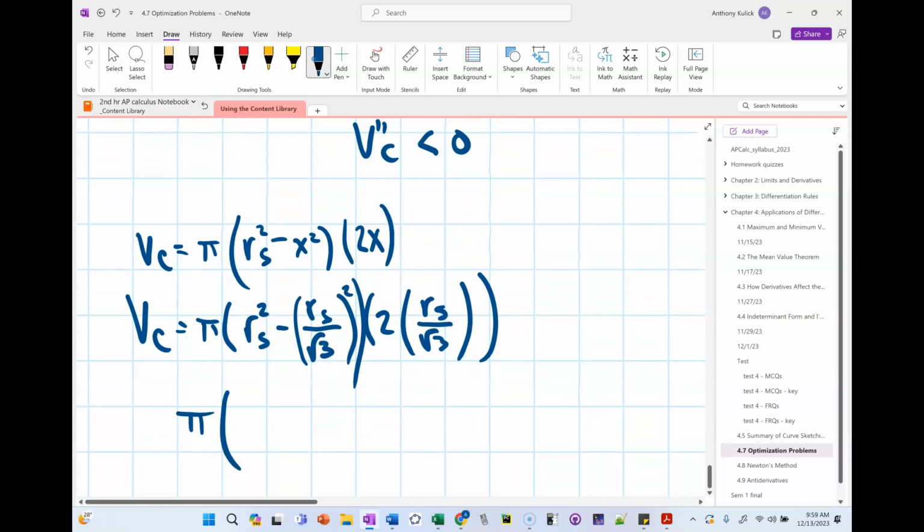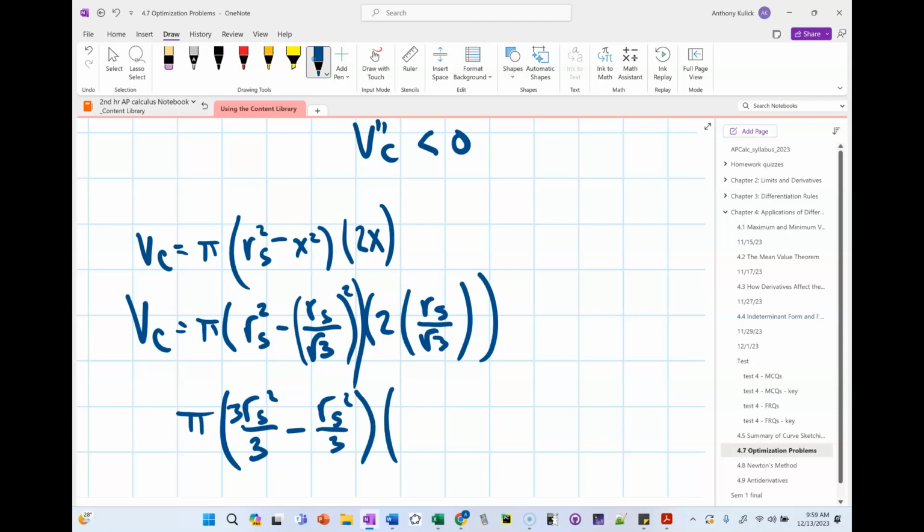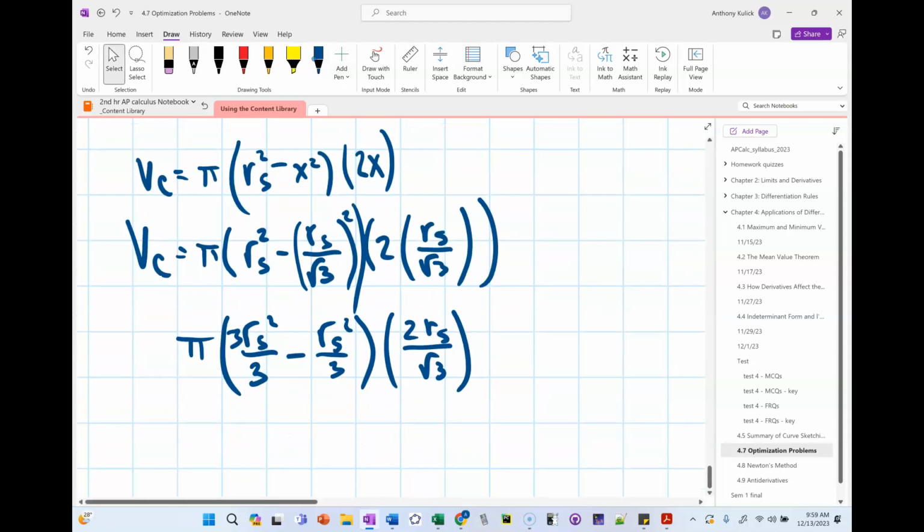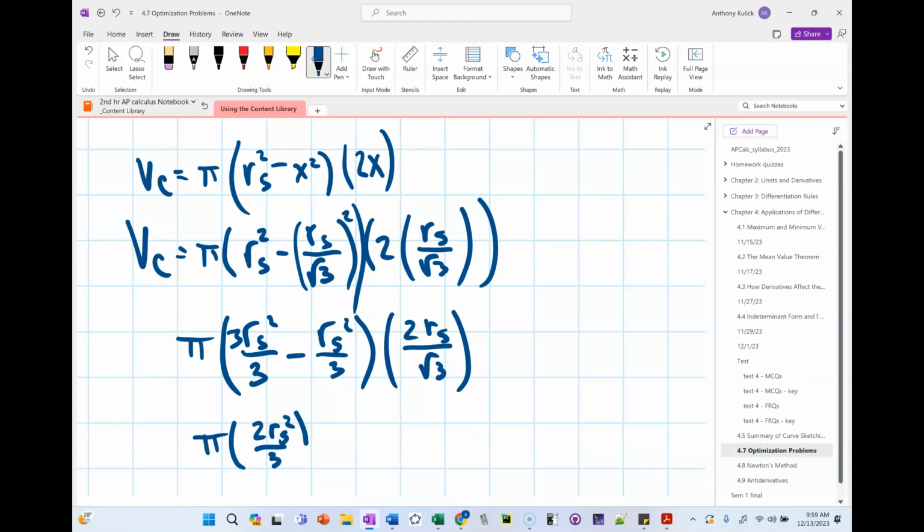Okay. So let's clean this up a little bit. So when I do that, I get 2rs squared over 3.